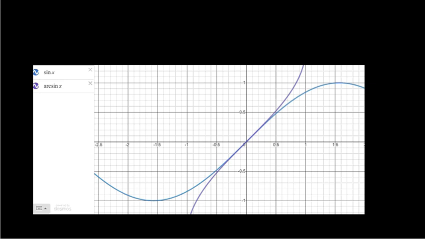And here we've got a graph of one, right? So in blue, you can clearly see this is what the graph of y equals sine of x looks like. And in purple, this is y equals arc sine of x.